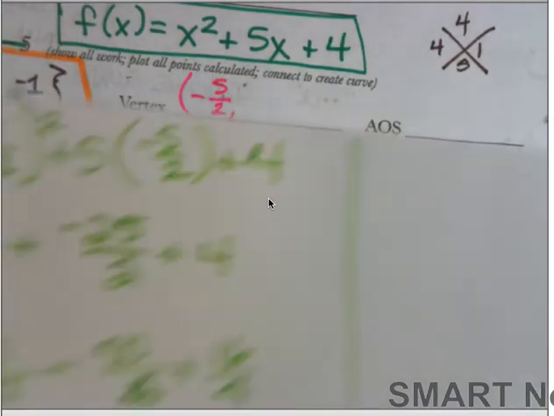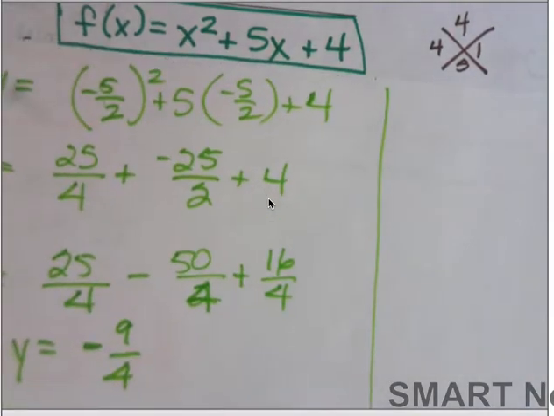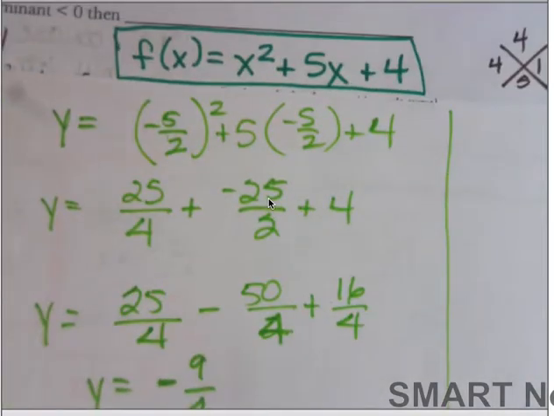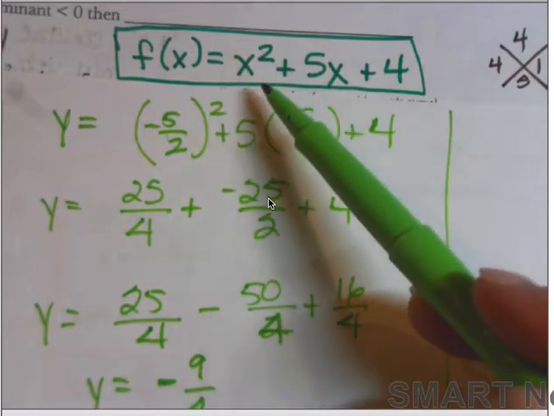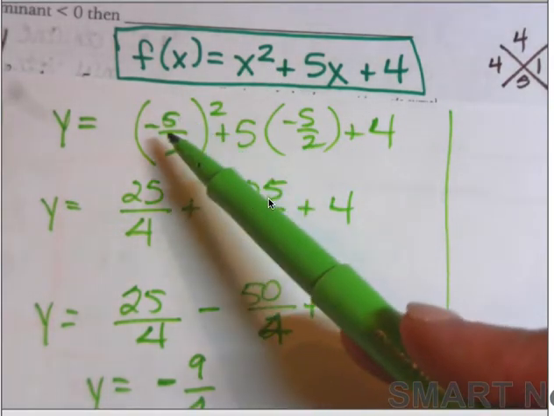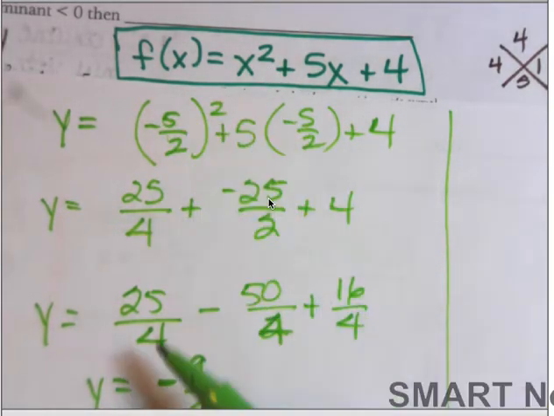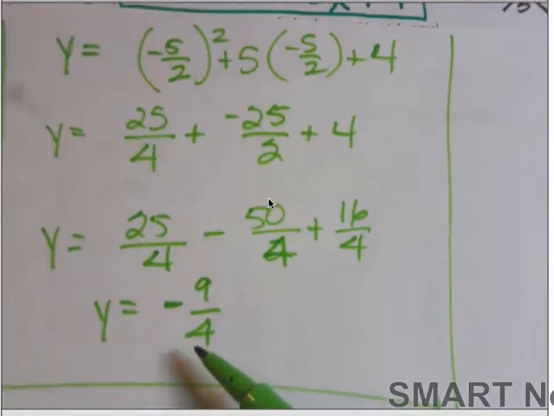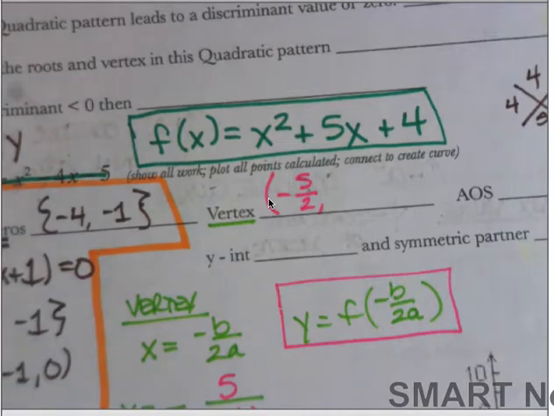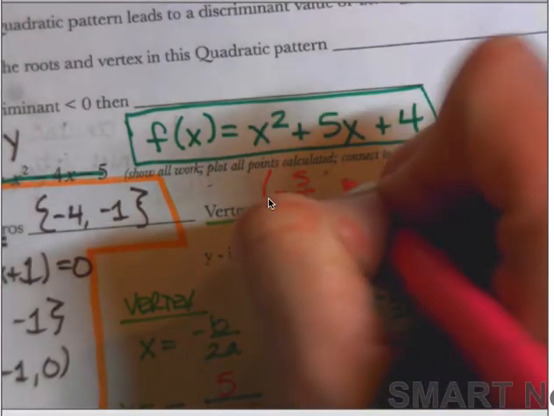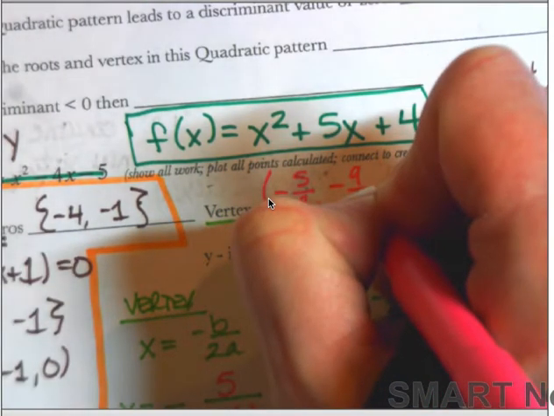So in order to find the y partner, I take the x value that I just calculated with my formula, go back to my original quadratic, and let x take on that particular value, and I end up with the fraction -9/4. So my vertex is going to be the ordered pair -5/2, -9/4.